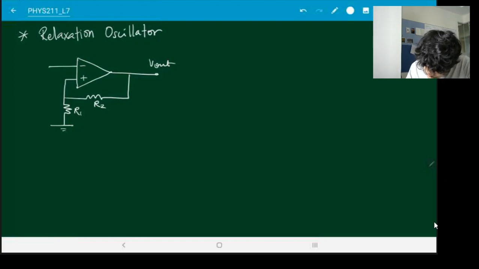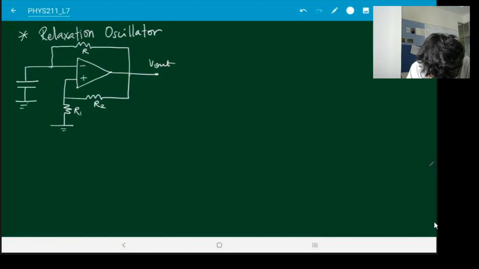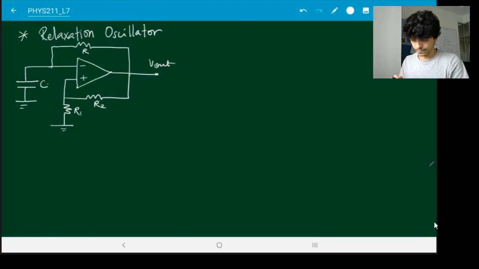And now over here, I'm going to put an RC circuit. You will notice something over here. There is no input in this circuit.